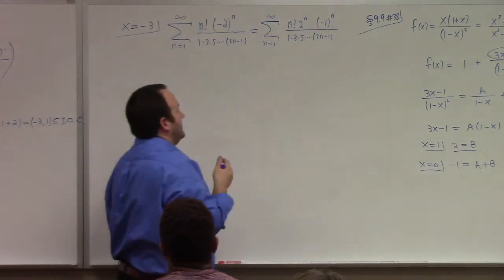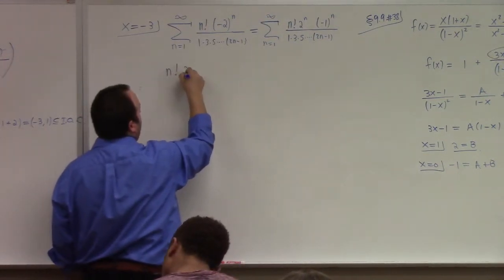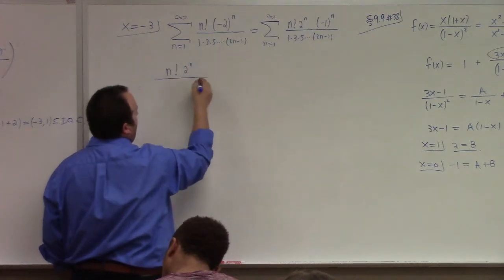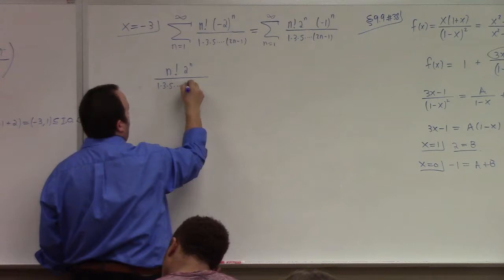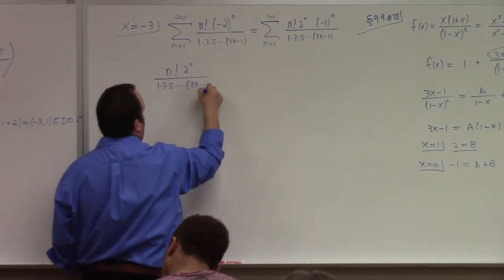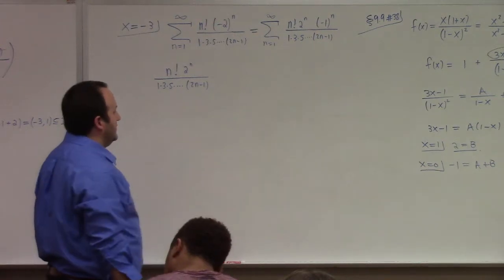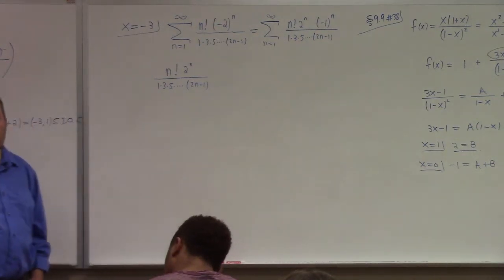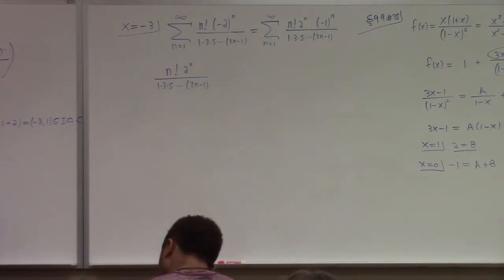The question, of course, is if this thing goes to 0, we're good, because it's an alternating series, so it converges by the alternating series test. But the question is, what happens with that? So that requires some thinking.